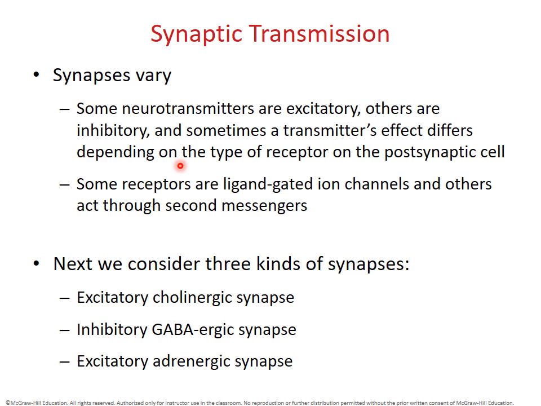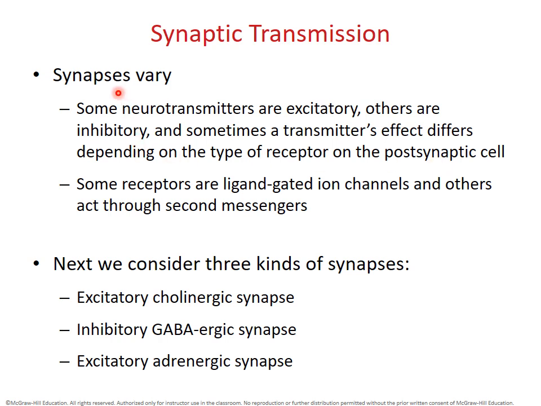It's the same neurotransmitter, so how can it have opposite effects and cause depolarization in one case and hyperpolarization in the other? Well, it really all depends on what kind of receptor for norepinephrine the postsynaptic cell has. So one neurotransmitter can have both kinds of effects depending on what's going on with the postsynaptic cell membrane.